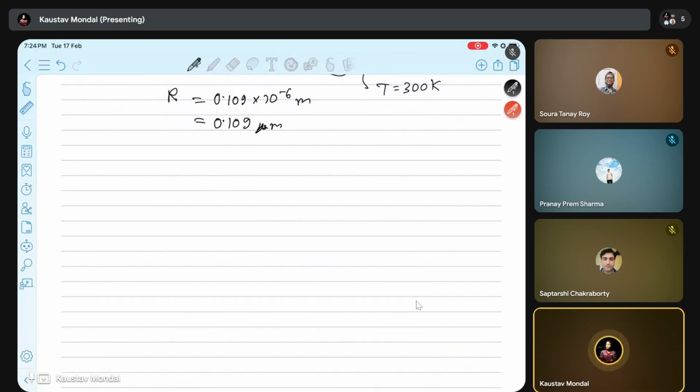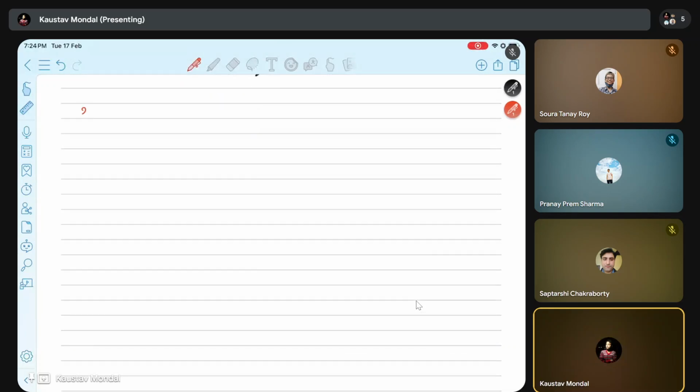Now the third problem. In his experiment, meaning Perrin's experiment, they are talking about a water suspension of gamboge at 20 degrees centigrade.